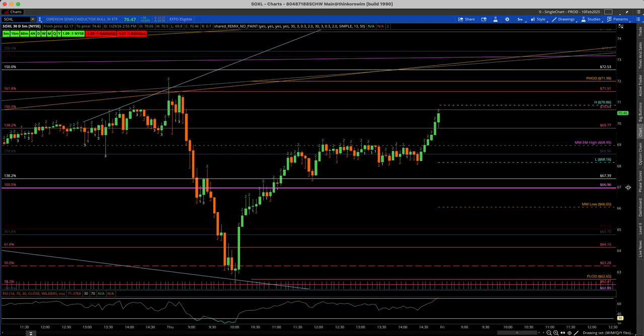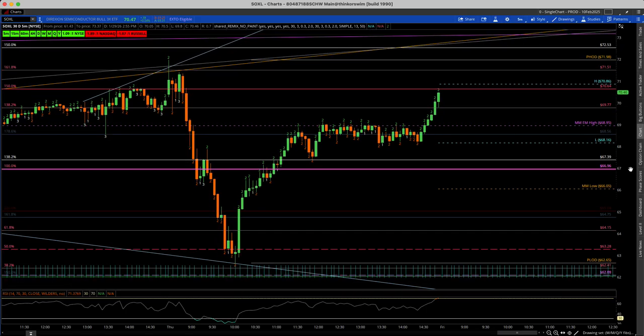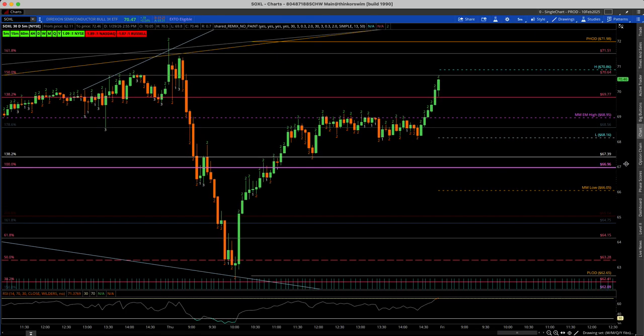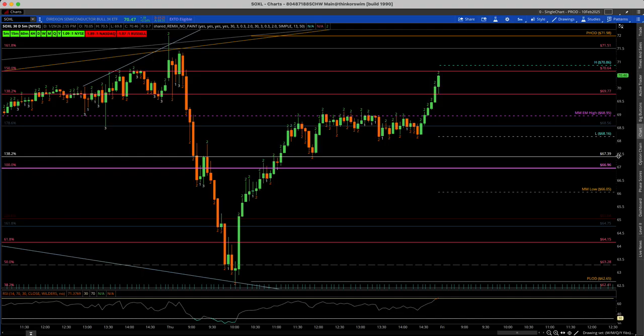So that's our range for overnight price action. We've got our 4-hour markers on the board, right? So we've got previous high of day up here, overnight high, overnight low, and previous low of day, right?